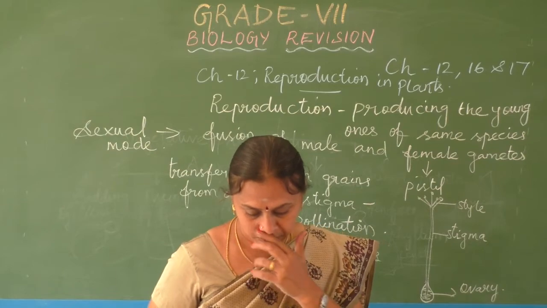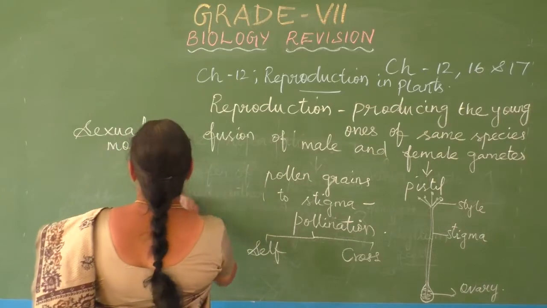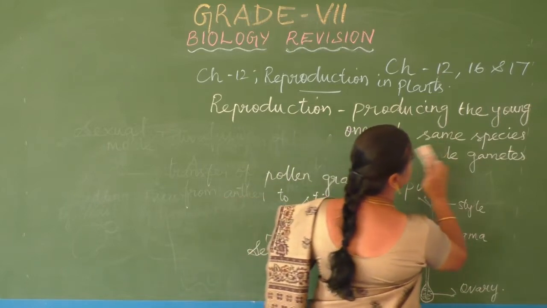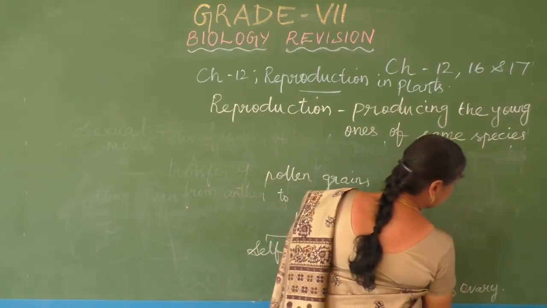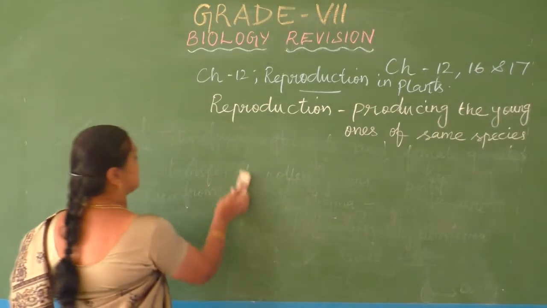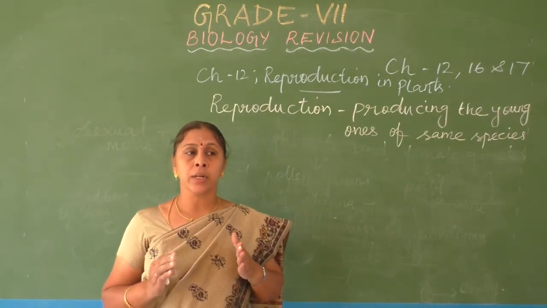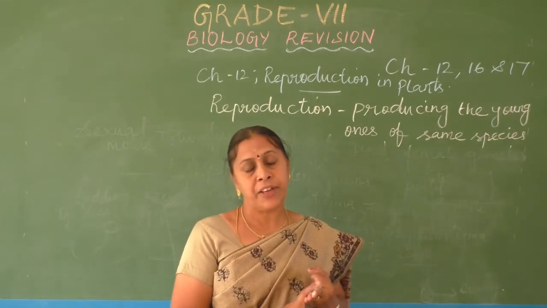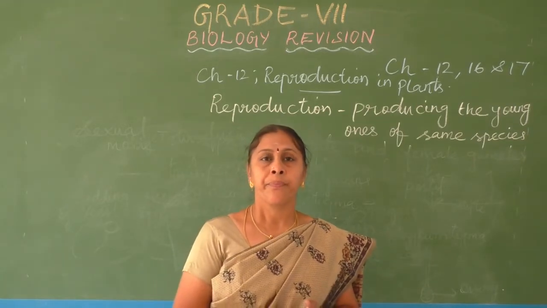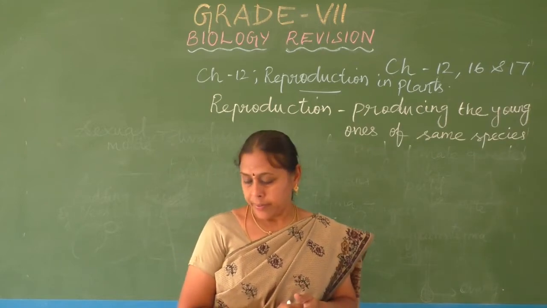Next one. In the asexual method, we saw vegetative propagation through stem, root and leaves. Is it not? So vegetative propagation, budding, fission, spore formation, everything is a natural process. Then, artificial processes are also there.